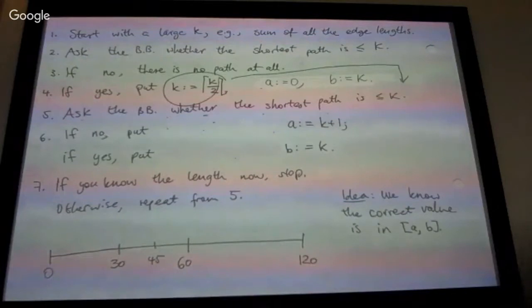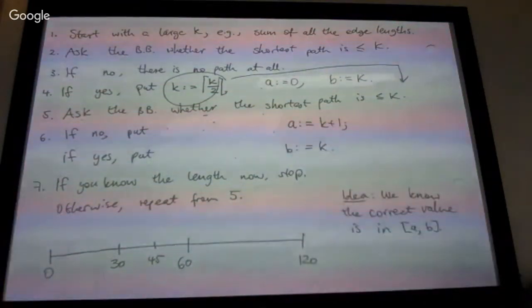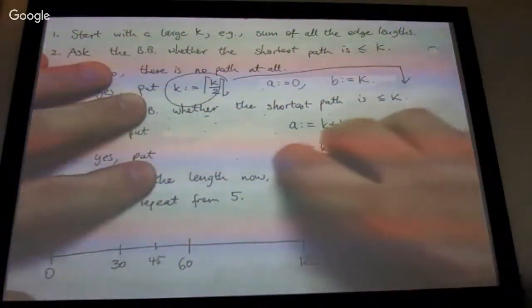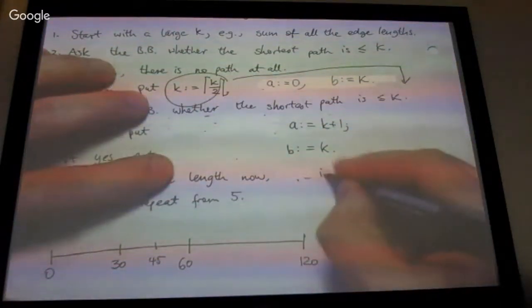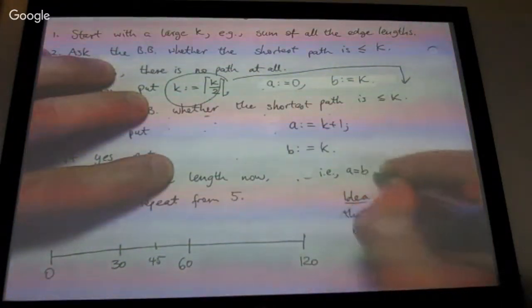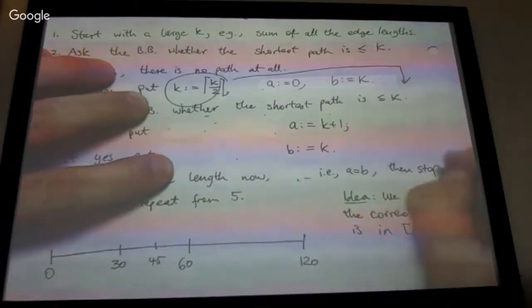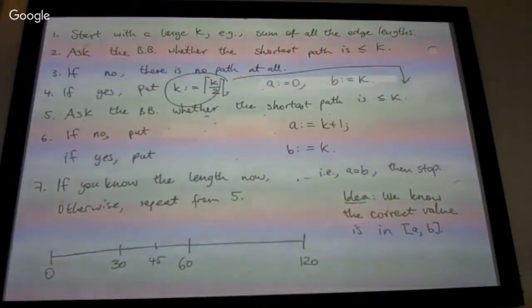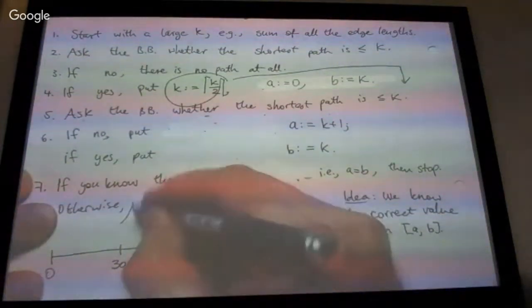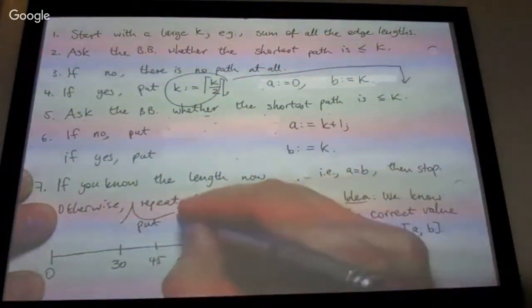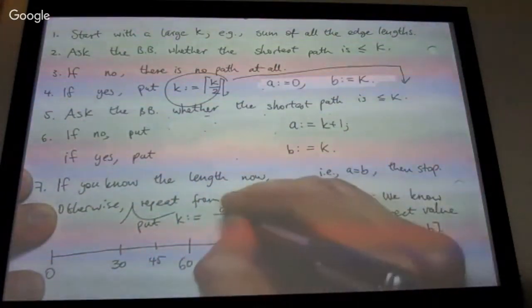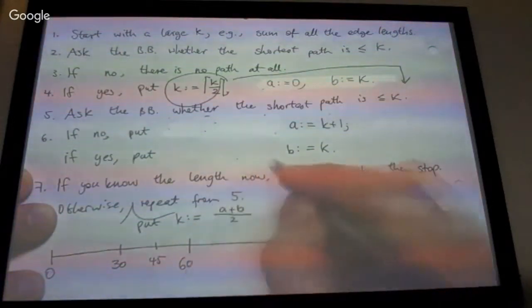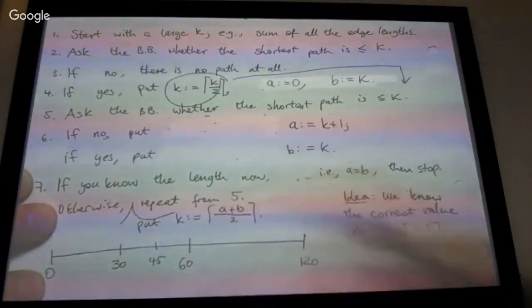If a equals b, then we can stop. Otherwise, put k halfway between a and b, and repeat.